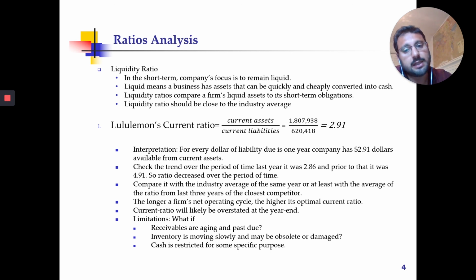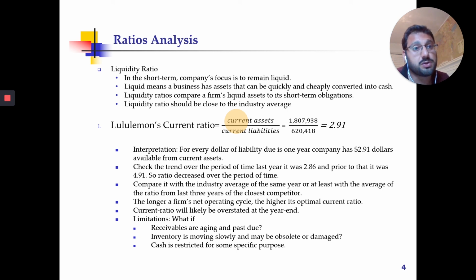The other limitations are within these current assets. You have account receivables and also inventories. For the account receivables, are there any aging receivables which are past due? For example, they were expected to be received within 1 month, but it's almost a year, like 7-8 months, and the receivables are aging and past due.